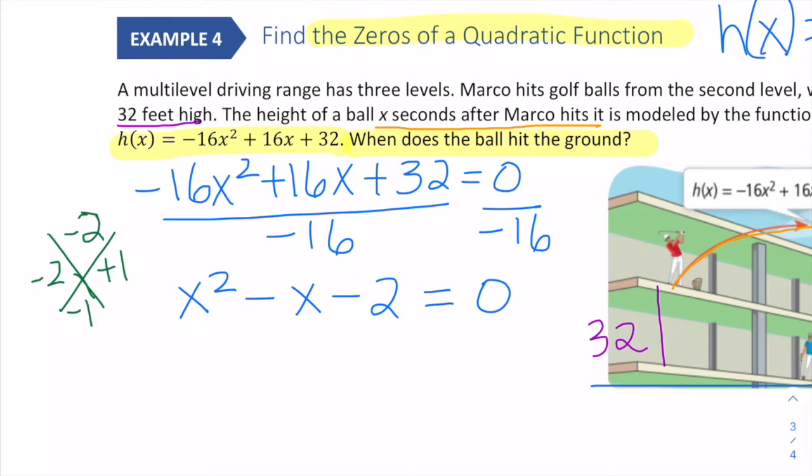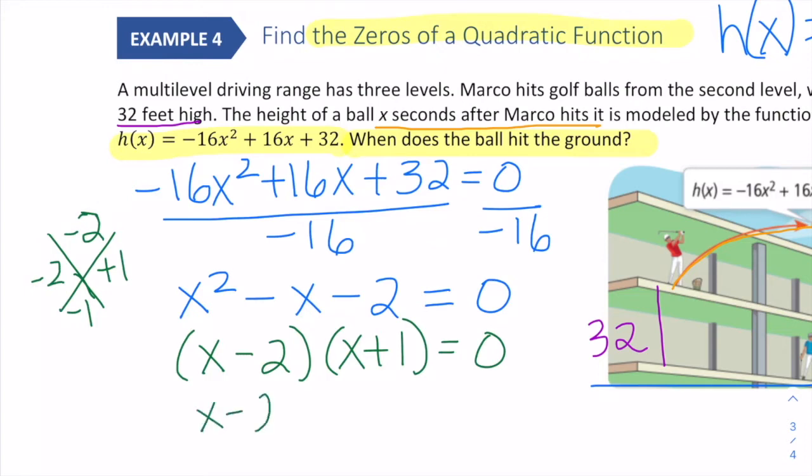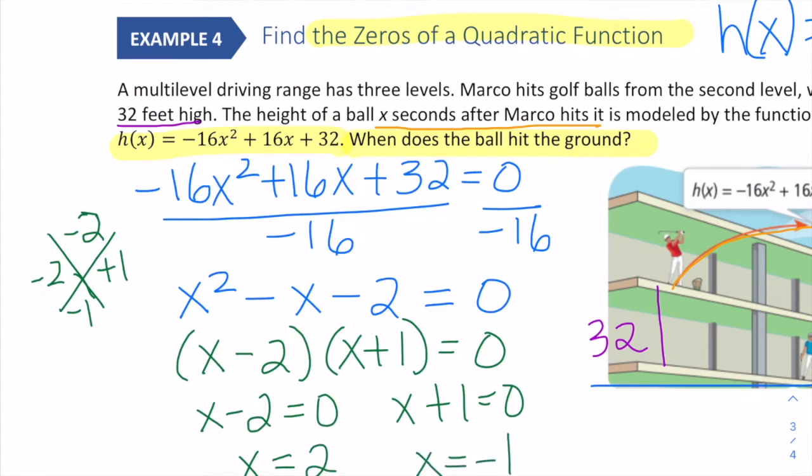So this will factor into x minus 2, x plus 1. If we know that those are the factors, we could set them equal to 0. And so our solutions are x equals 2 and x equals negative 1.